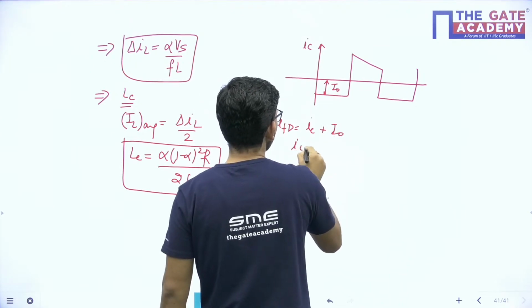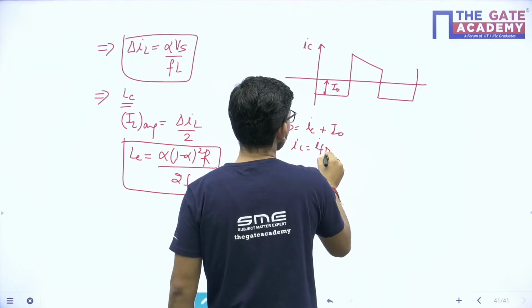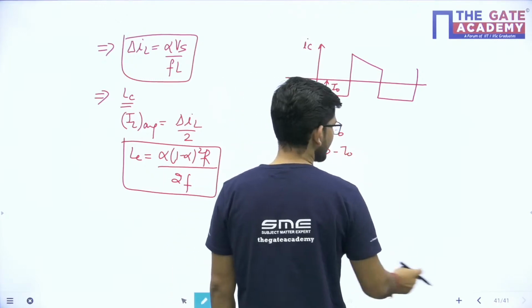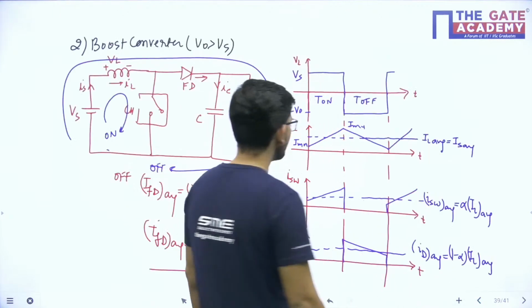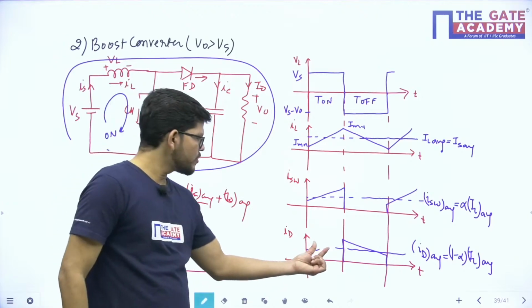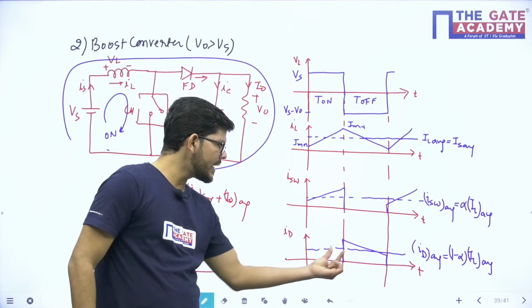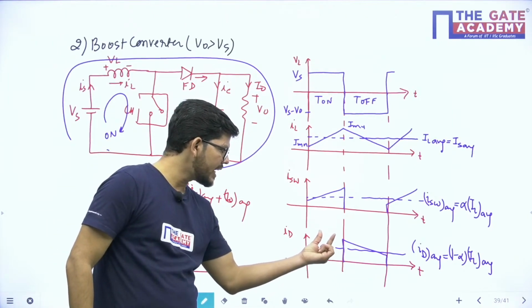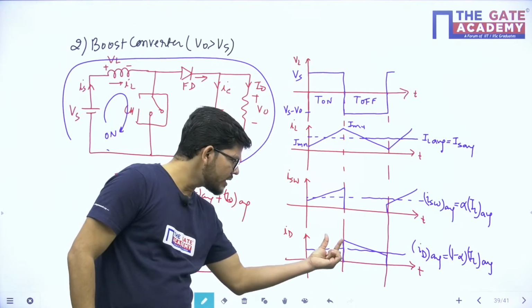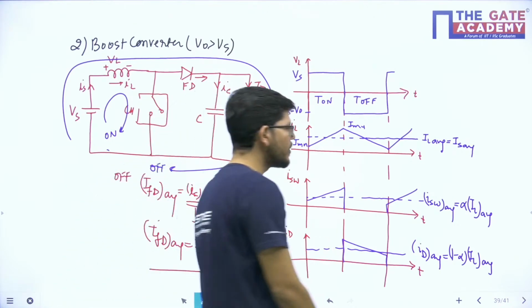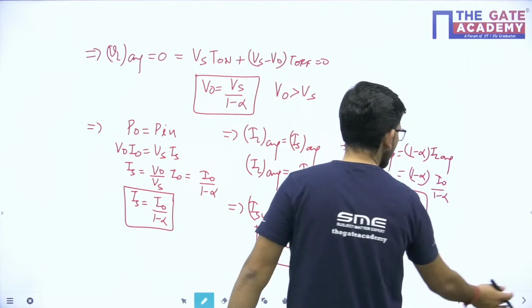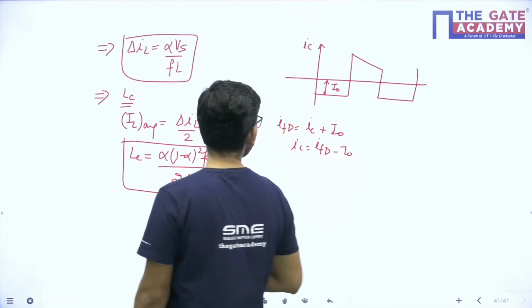So what will be my IC? If I subtract I naught from the diode current, I will get IC. So if you subtract this I naught current from the ID current, you will get a waveform like this, and that will be your IC current, isn't it?